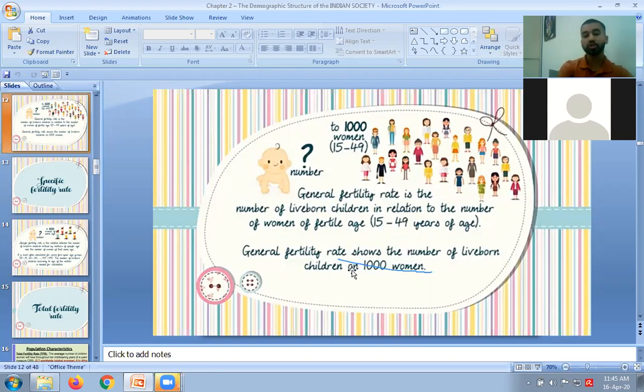So general fertility rate shows the number of live born children per 1,000 women. Here we don't include the entire population. We ignore the males and include only females, that is women.